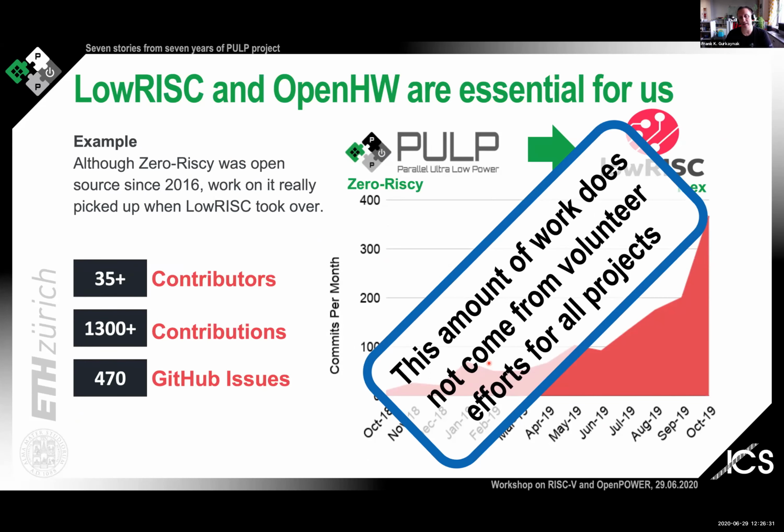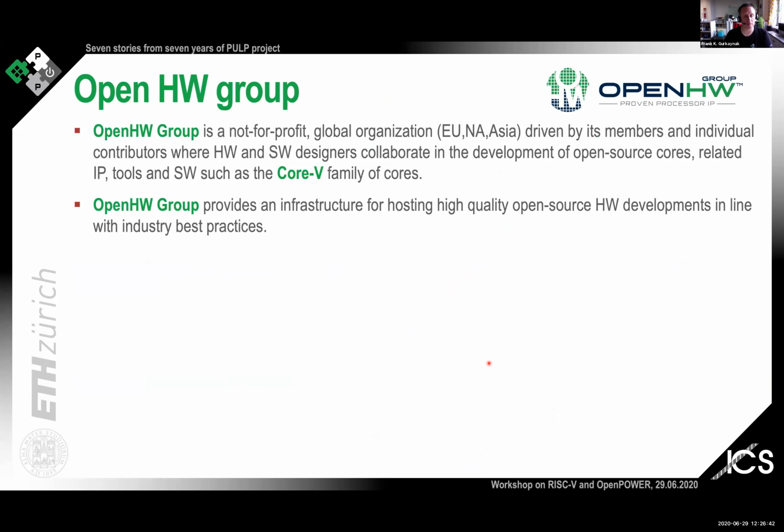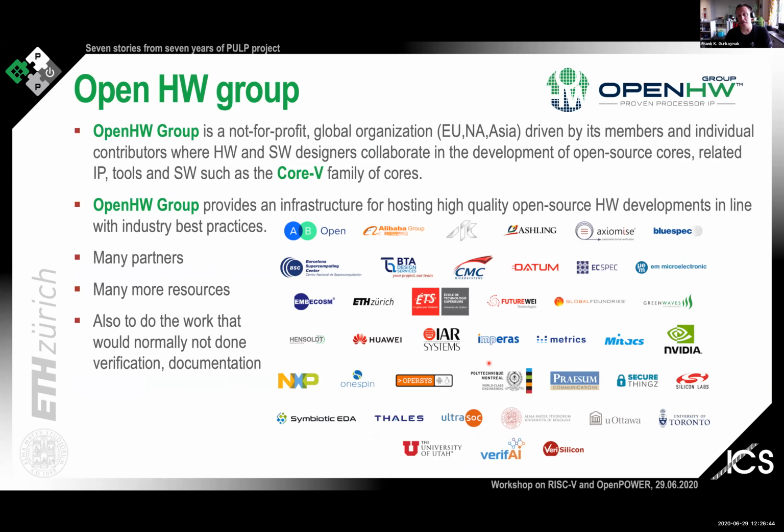The OpenHW Group is another example of this. It's a not-for-profit global organization. It provides an infrastructure for hosting high-quality open hardware. It has many partners. It's also a difficult slide to maintain because I have to go and make a screenshot every few weeks. At the moment, there are 30+ partners.